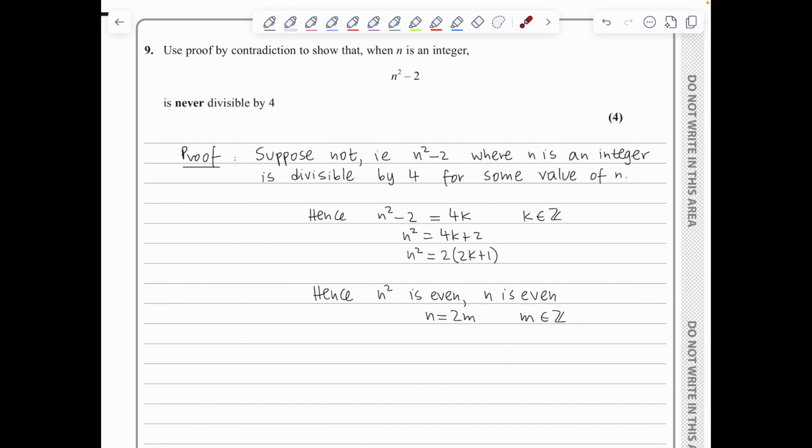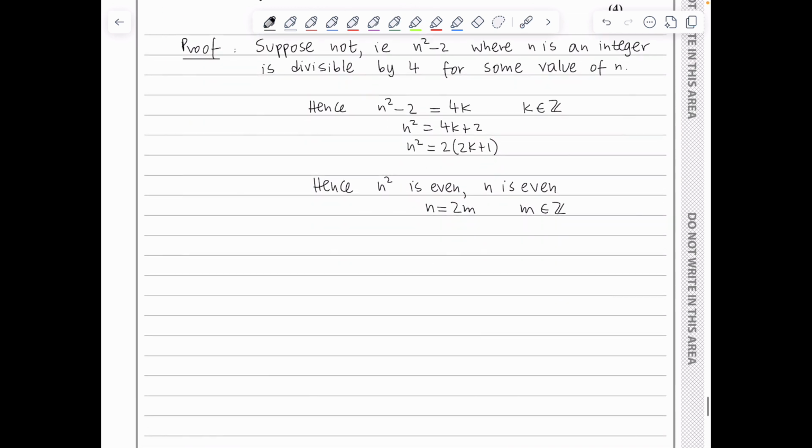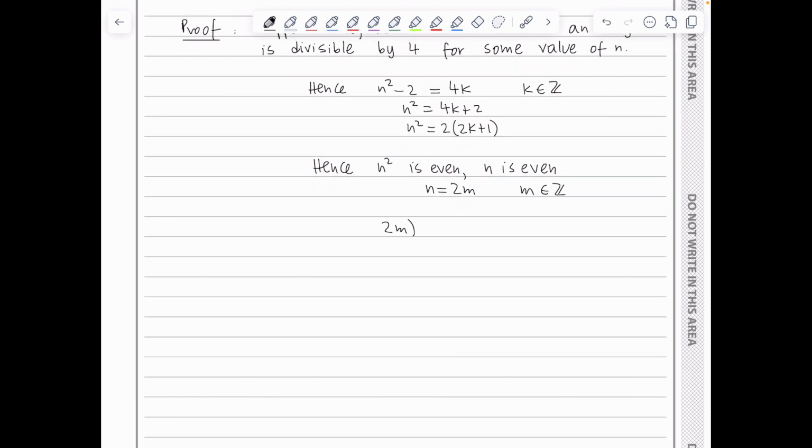So let's substitute n being 2m into this equation here. We are looking at 2m all squared being equal to 2 times 2k plus 1. So we've got 4m squared is equal to 2 times 2k plus 1. I can simplify the 4 with the 2, leaving me with the 2 on the left-hand side.